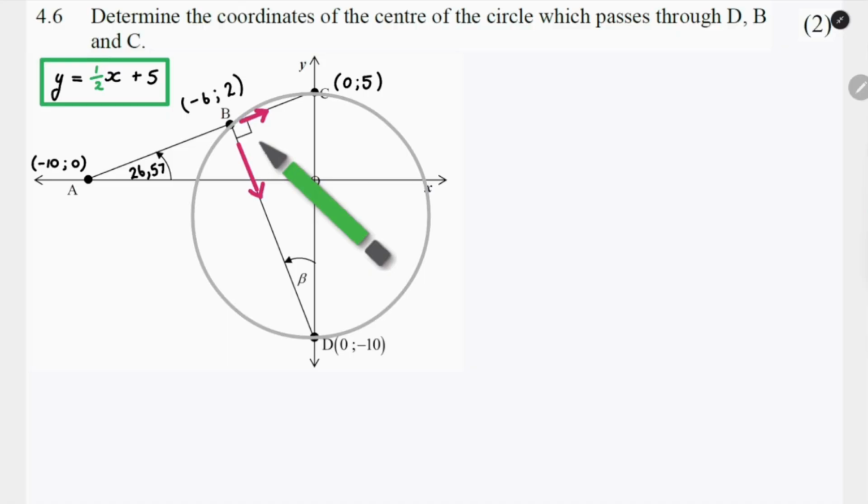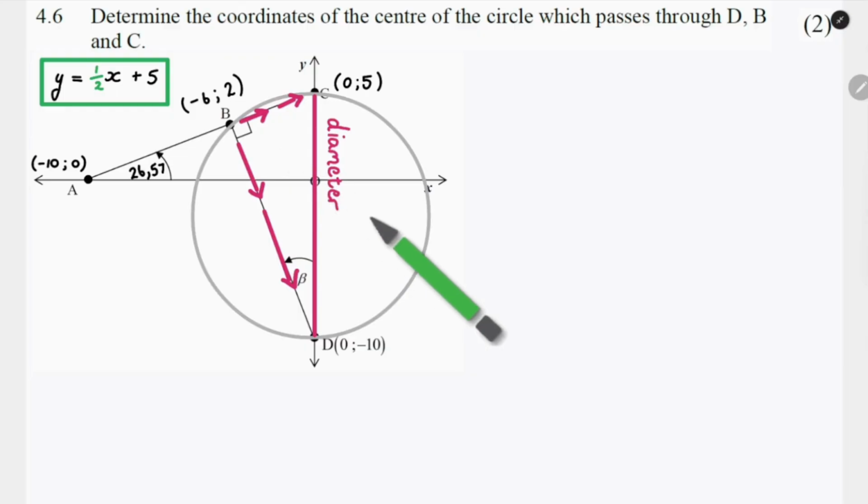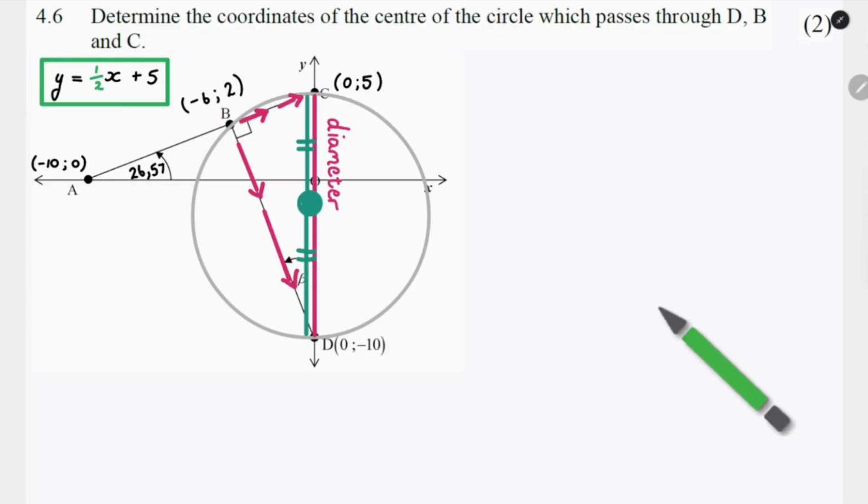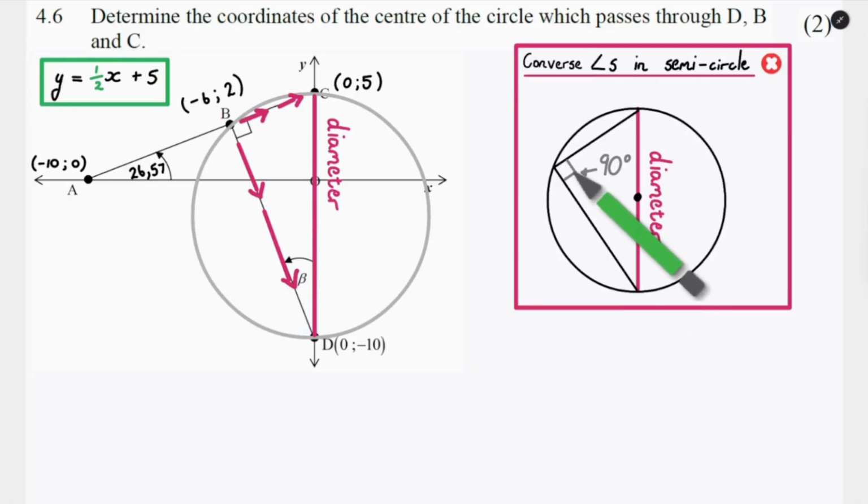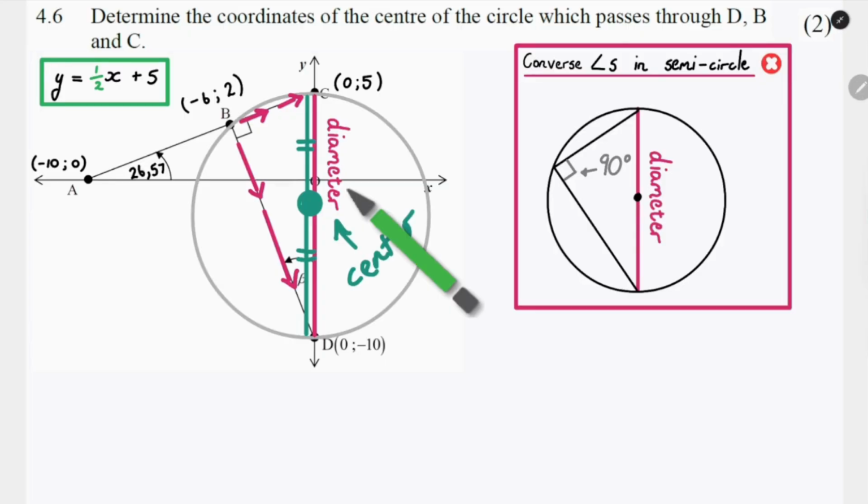I've got to follow that 90 degrees back and back some more so that I actually know where the diameter is on the circle, because I'm following the Euclidean geometry theorem that states that if I have a 90 degree angle on the circumference of a circle, I can follow that back and it'll take me to a diameter, converse angles in a semicircle. So now that we know this is the diameter, we can simply get the halfway point of that line, and that's the center of our circle.